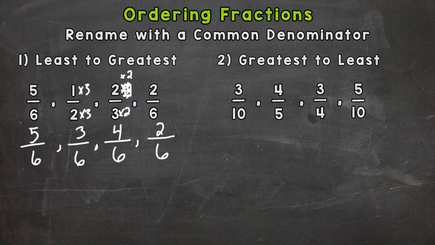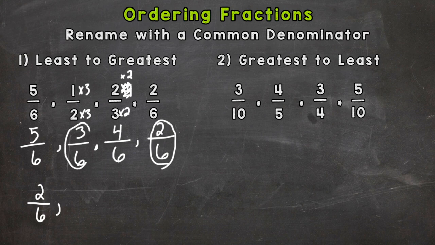Now, that makes it much easier to order these fractions because everything has the same denominator. So least to greatest, our least is going to be 2 out of 6, right? 2/6. Next, well, we have a 5, 3, and a 4.